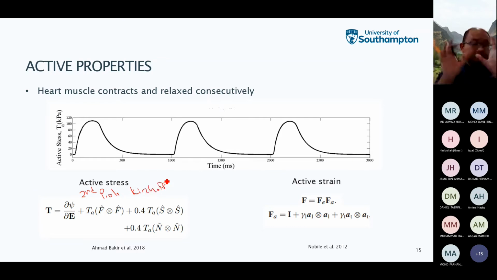Either you add this stress waveform directly to your second Piola-Kirchhoff stress, or you calculate the strain and apply that to your deformation gradient tensor. I won't go through the detail here, but I just highlight that I think you have seen these two terms, second Piola-Kirchhoff stress and deformation gradient tensor. Basically, we manipulate these to make the heart contract.